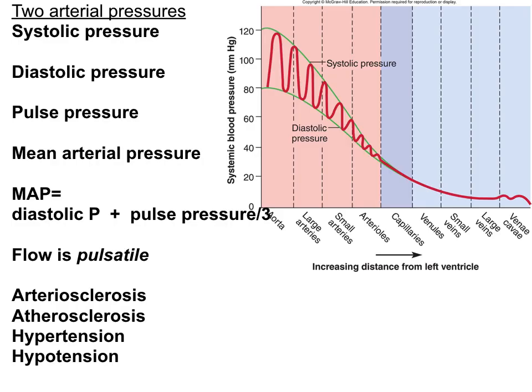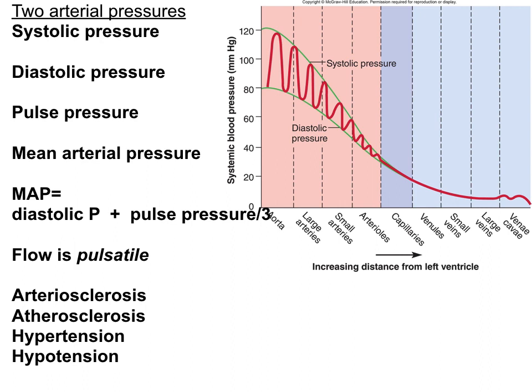Now, let's talk about your arterial blood pressure for a moment. If you look at the screen and look at the section covered in pink, this is depicting where your arteries are. So you'll see the aorta on the left and continuing to the arterioles as you move to the right. And when you look at the arterial pressure, you can see that it fluctuates and that there's a high pressure and a low pressure.